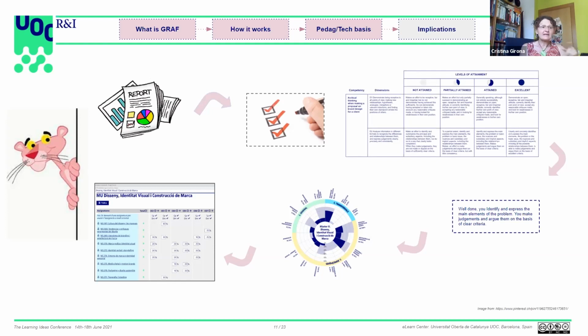Then each level of attainment, as you may see in these small rubrics here, corresponds to a level of competency performance. When assessing students' evidences, each level of attainment is drawn in a graphic, according to the workload of each competency and dimension, specified in percentages in the competency map of a whole degree or master's degree.